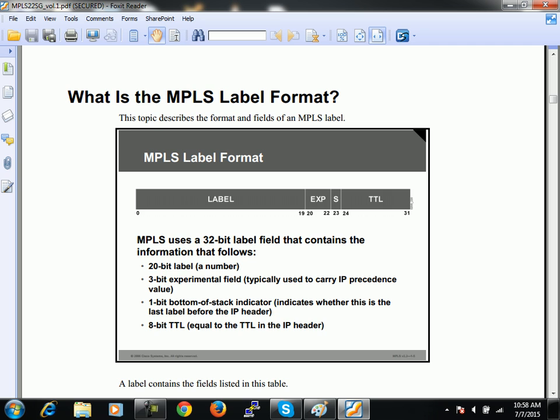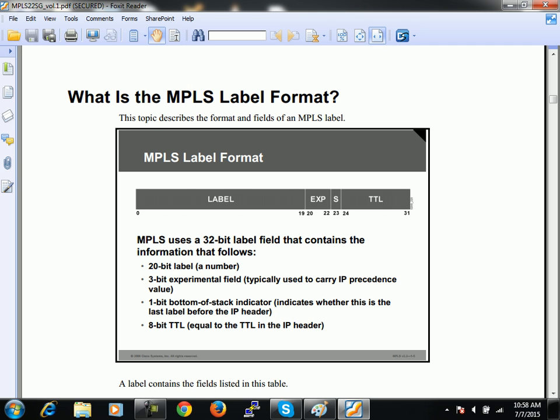For that purpose here it is using the S bit. If it is 0, it means it is also having one more label. If it is 1, it means it does not have another label. It can also have more than two labels as well, right? But it means that it is not going to hand over this packet to the IP now. Still it is having some more labels.